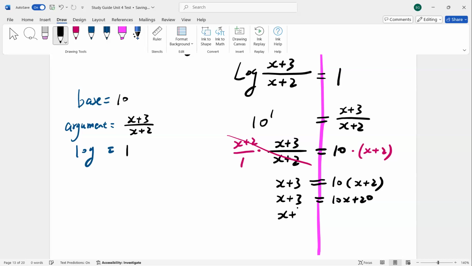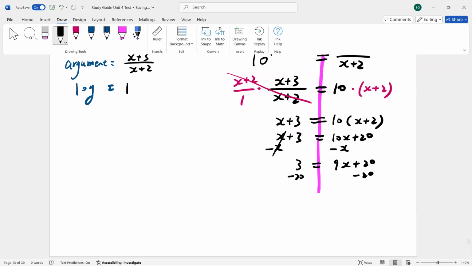We can minus x on both sides: 3 equals 10x minus 1x, 9x plus 20. Minus 20, minus 20. We have negative 17 equals 9x.